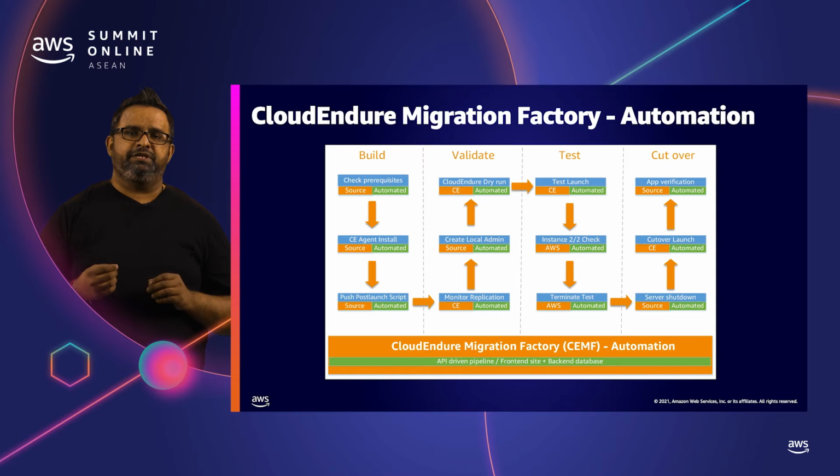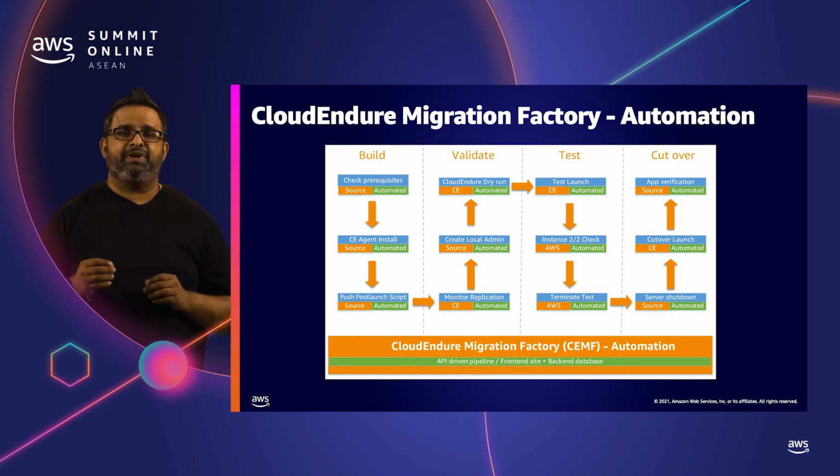CloudEndure Migration Factory solution also empowers you to automate small repetitive tasks which are required to be executed when using the CloudEndure migration tool. The status of these tasks are also tracked from the front-end console.